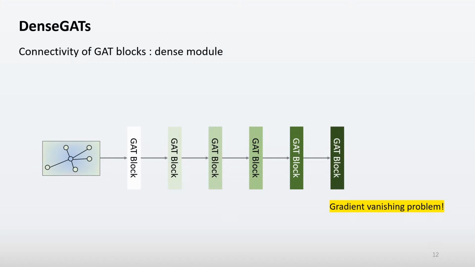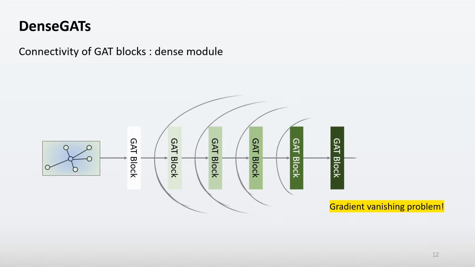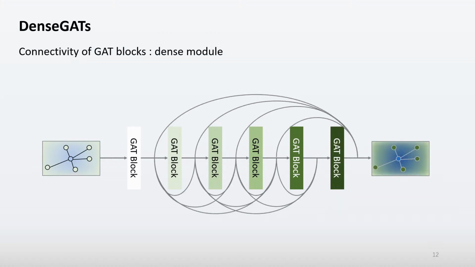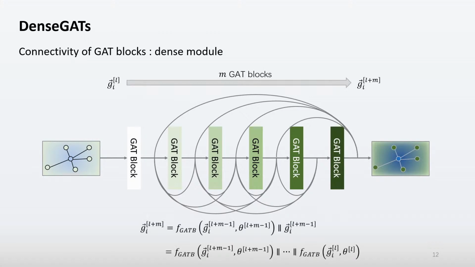To address this problem, inspired by DenseNet, which is used in CNN, we introduce dense connection pattern to densely connect our GAT blocks for further training deep layers. If the layer of the first GAT block is L, after M GAT blocks, the result is fusing all the intermediate layers' outputs. We refer to this architecture as dense module.